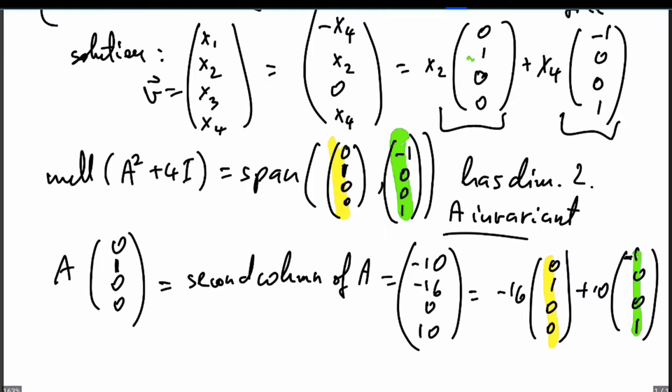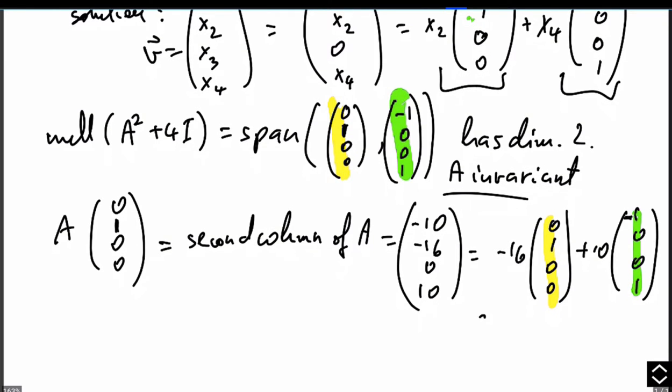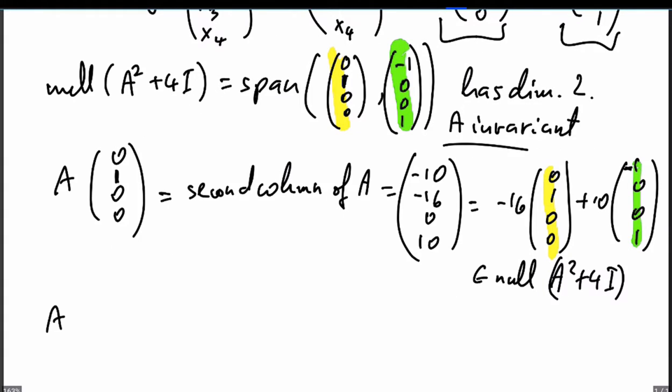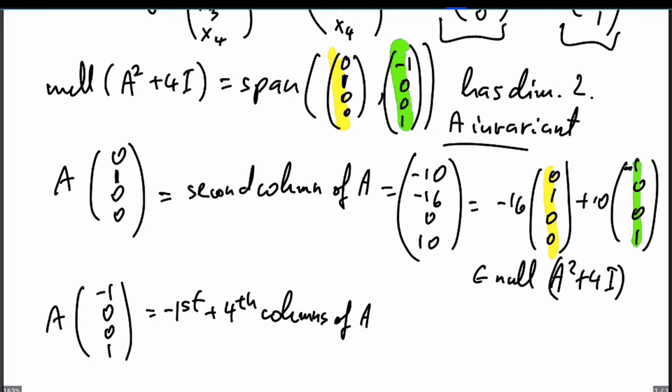So now these are the basis vectors. So this is in the null space of A squared plus 4I. So it is really A invariant, especially if you also check the second basis vector. What this says is that minus the first column plus the fourth column of A gets picked up.